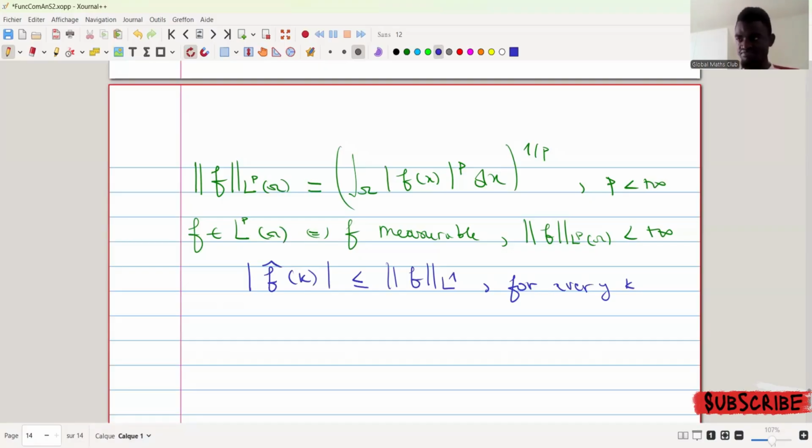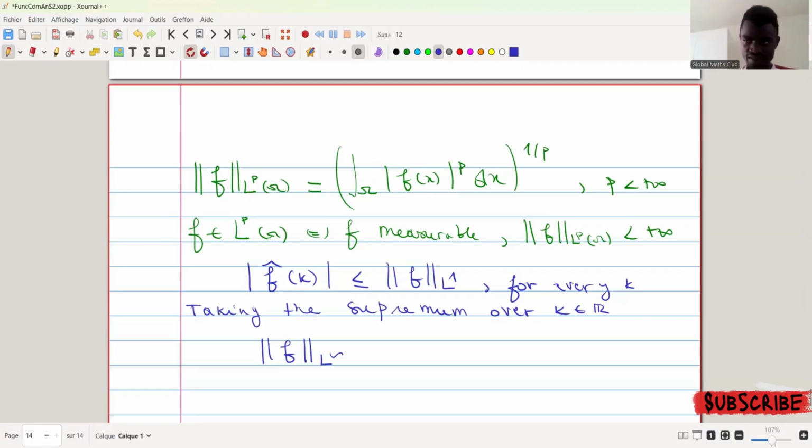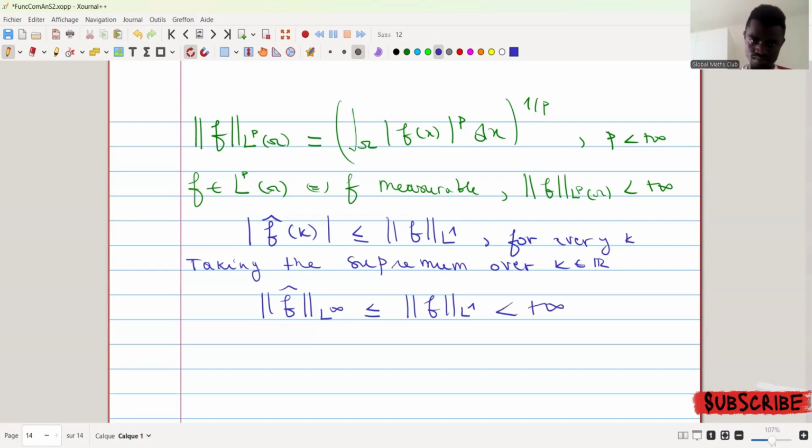Taking the supremum of this over k, if we take the supremum on the left hand side, we are going to have the L infinity norm now.